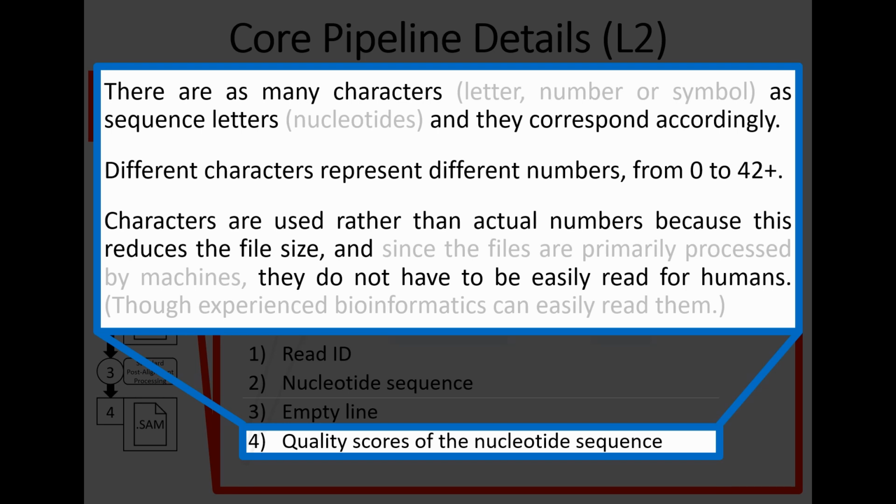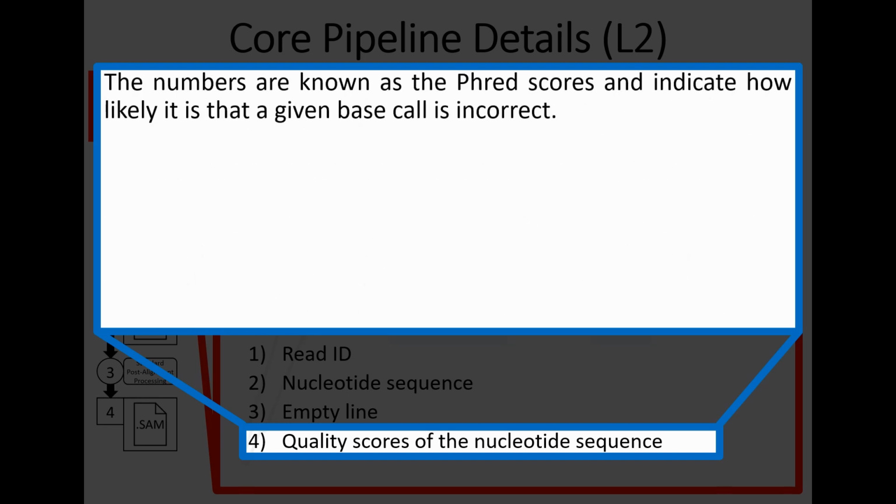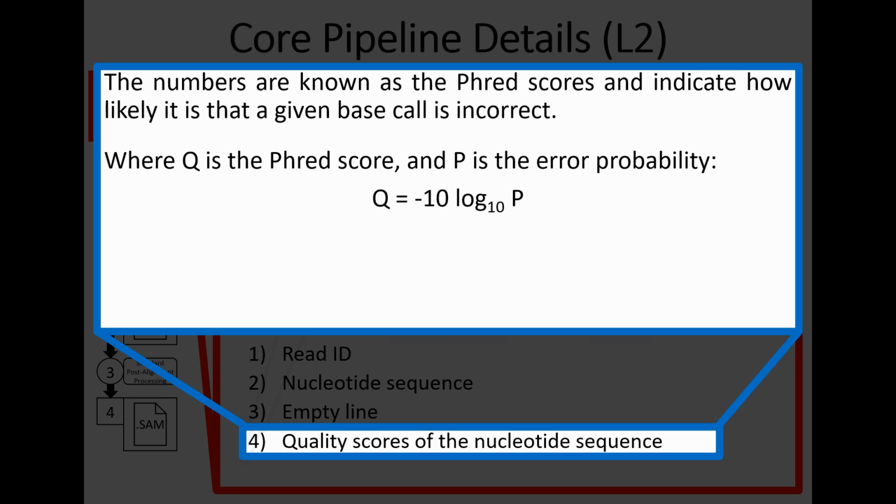So each character represents a number, but what do those numbers mean? The quality score numbers are known as Phred scores, and they indicate how likely it is that a given base call is incorrect. In most cases, Phred scores are calculated using the formula Q = -10 × log P, where Q is the Phred score, P is the probability of the call being incorrect, and log is in base 10.